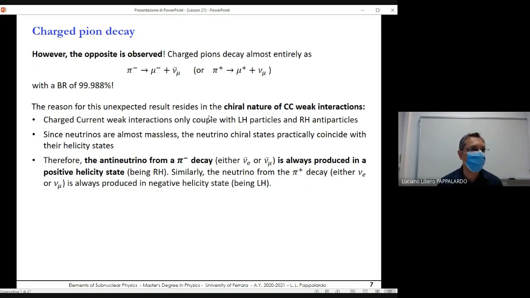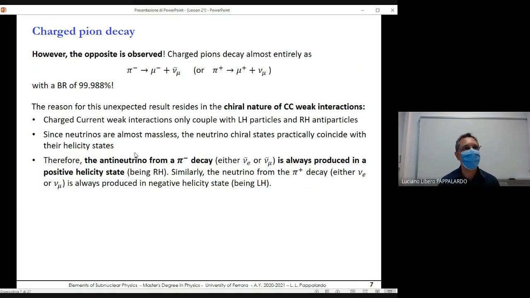Neutrinos, being fermions, can only couple with the W boson if they are left-handed. And since they are massless, the chirality of the neutrino essentially coincides with the helicity of the neutrino.